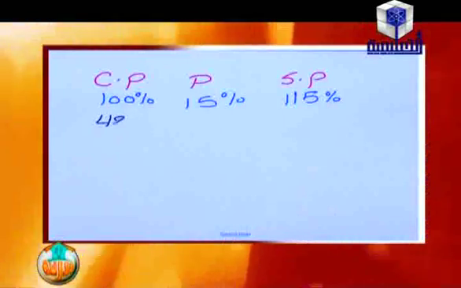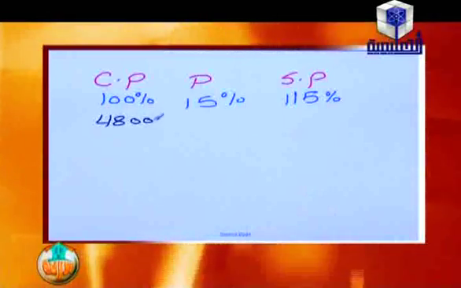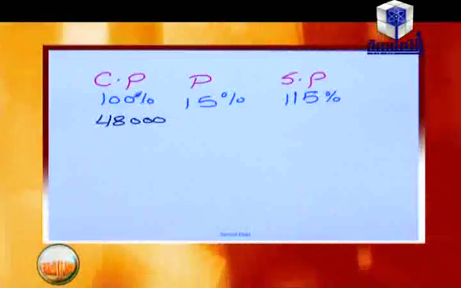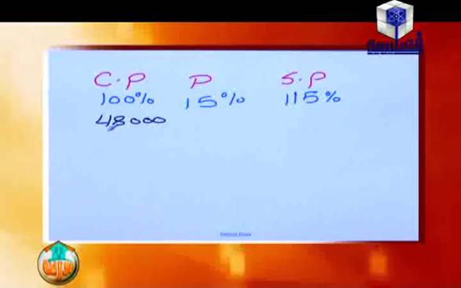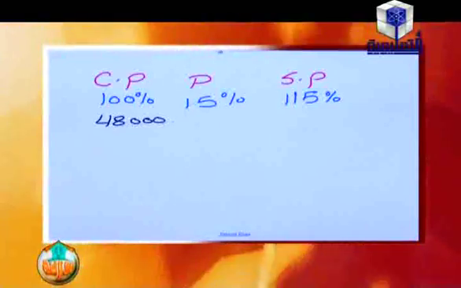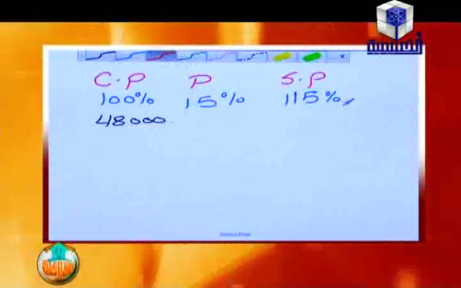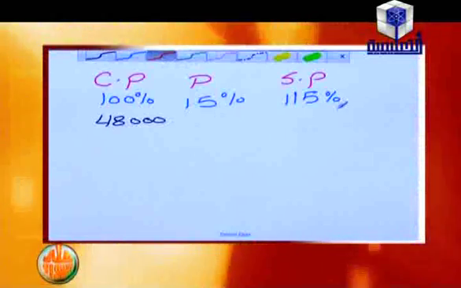Then the cost price of the electric device is 48,000, represented by money. Then it's better to find the profit and the selling price, it will be easier.